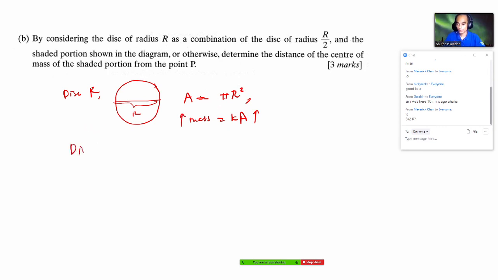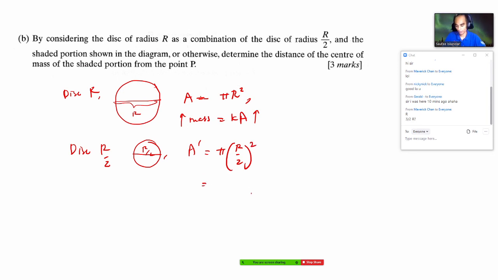For the disk of radius r divided by 2, the small one, this is r divided by 2. The area of the r divided by 2 disk will be pi times r divided by 2, squared.